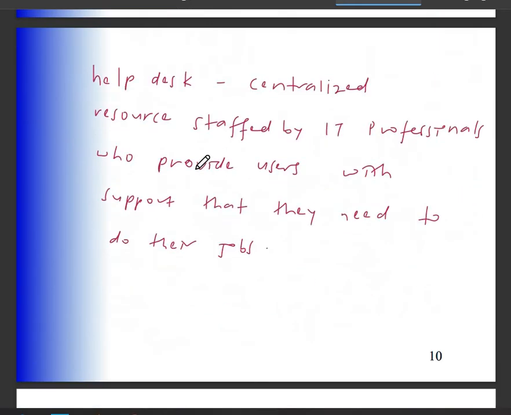Okay. And then untuk help desk ni kita ada 3 main objectives. So what are the 3 main objectives?